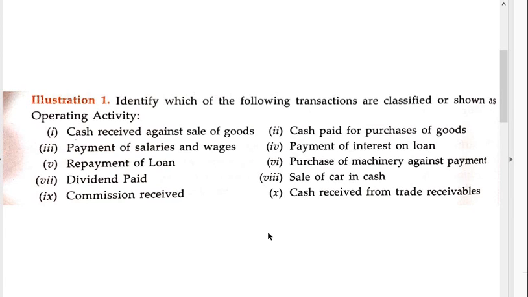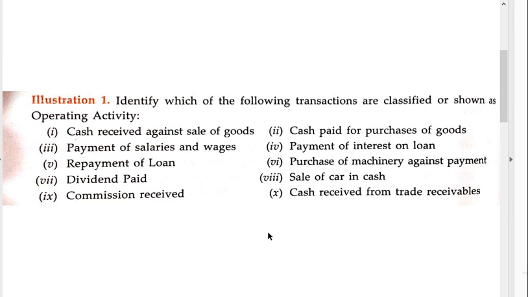Third, payment of salaries and wages. Is it a routine activity for the business or not? If you are working in a business house, what are you working for? For salary? Or will you be working free of cost? You will not say, I will work for you, don't pay me any salary or wages. Definitely not, sir.